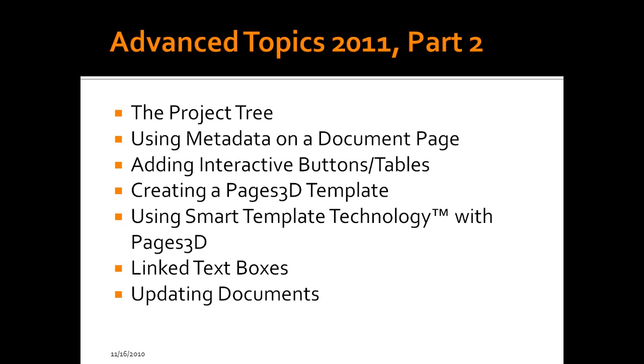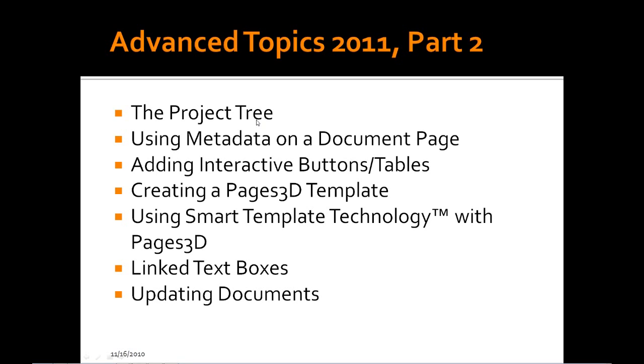So today, our itinerary looks something like this. We're going to go through the project tree. We're going to show how all the information that you work with on your 3D can be viewed from a tree standpoint, showing the different data structures built into it.